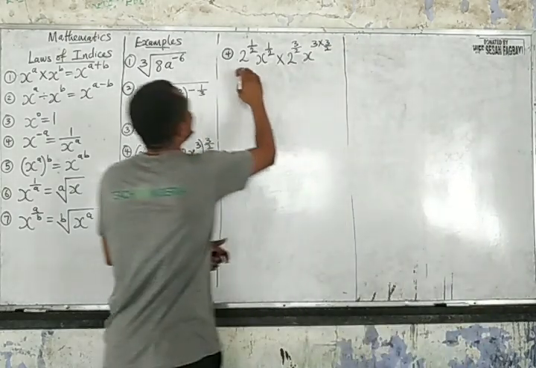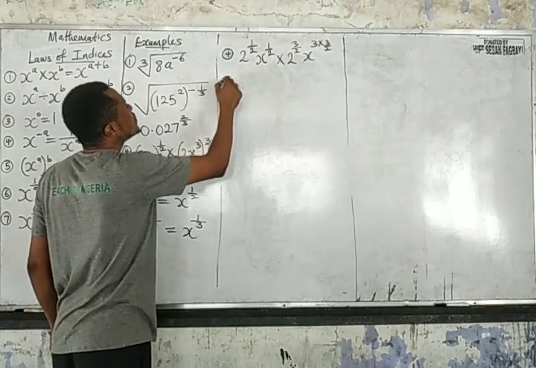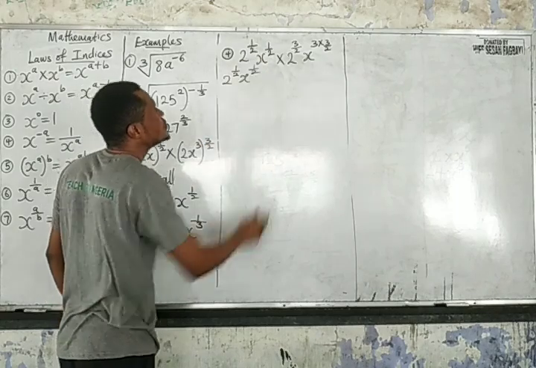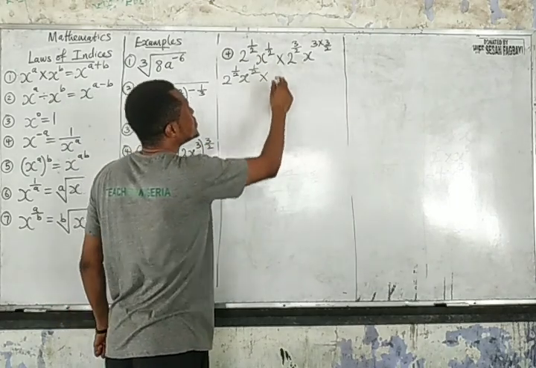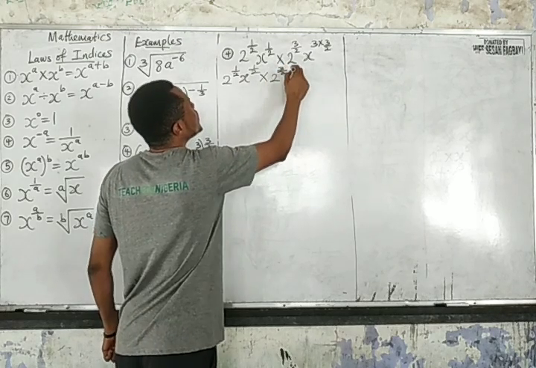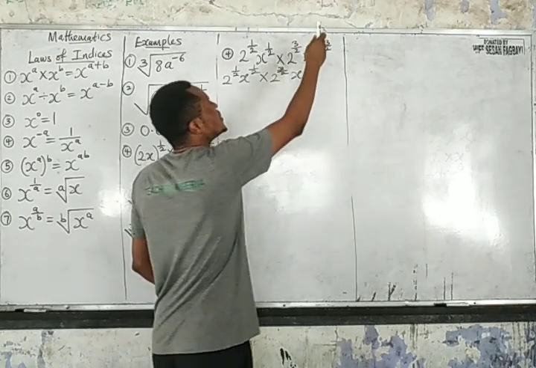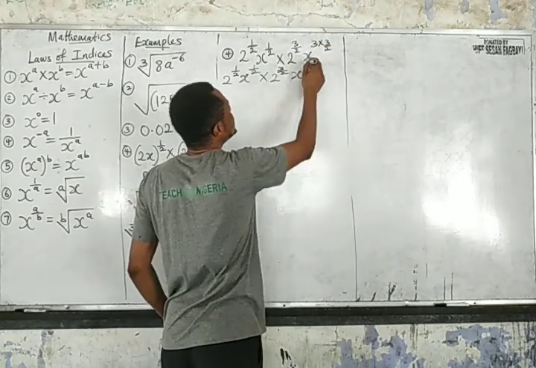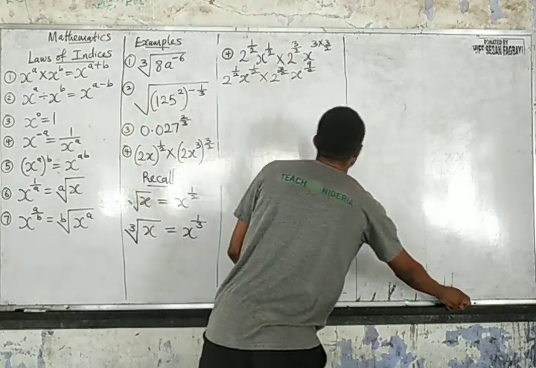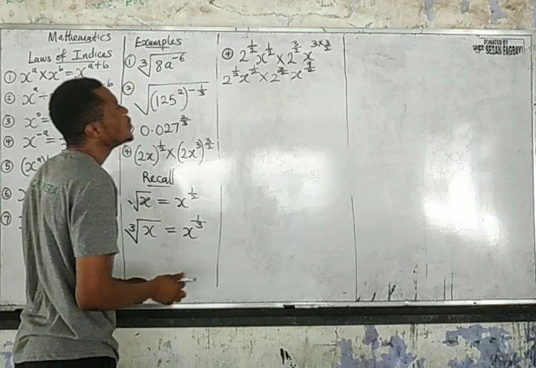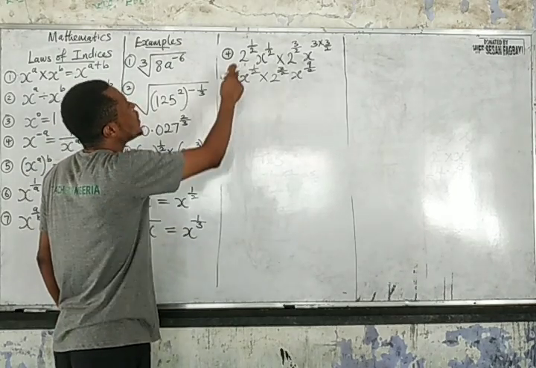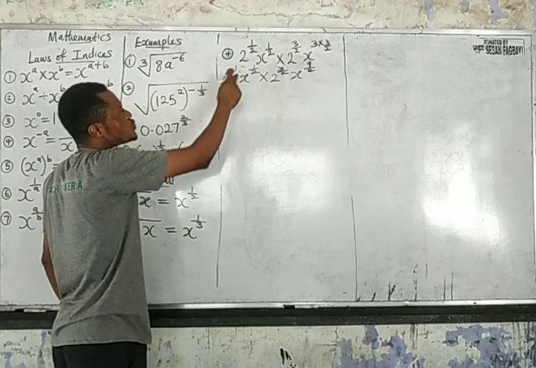Let's continue with the same value here. Now, as for this x, 3 multiplied by 3, we have 9 all over 2. Let's still write it all over again. 2 raised to the power of 1 all over 2.